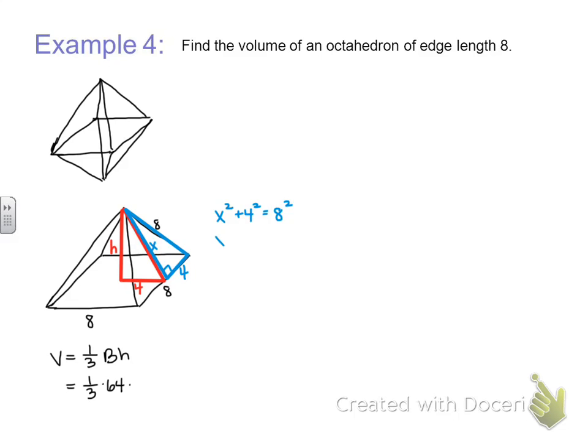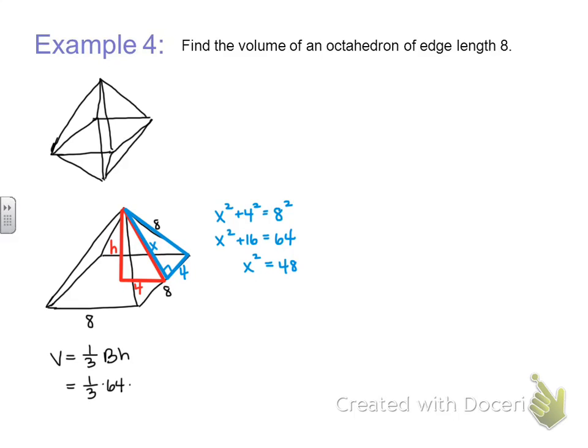So then that's going to be x squared plus 16 equals 64, right? And then that's going to be x squared equals 48. Now, you could do the square root and find x.